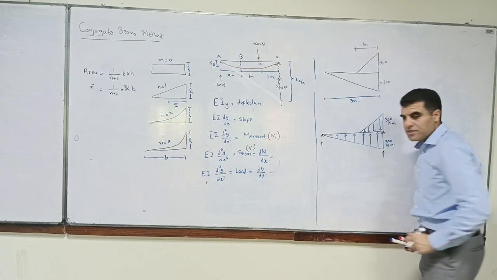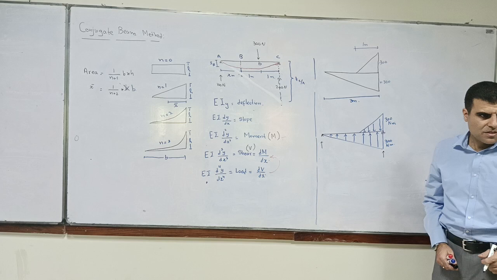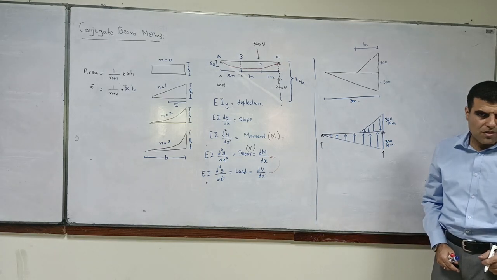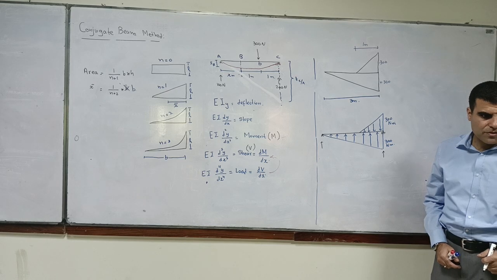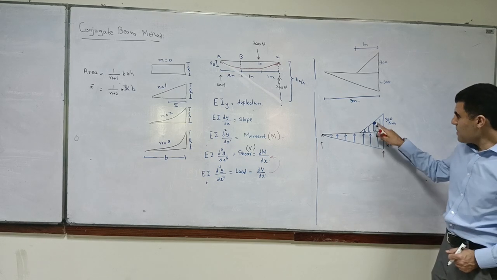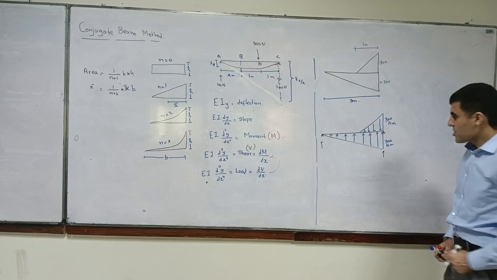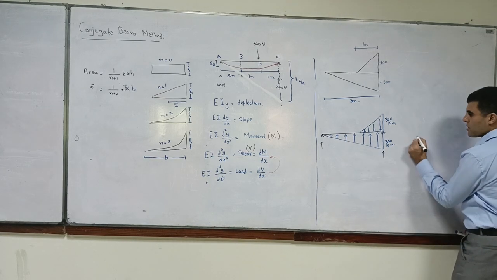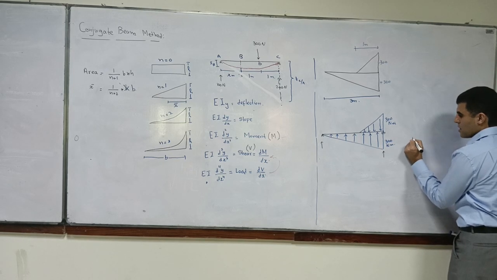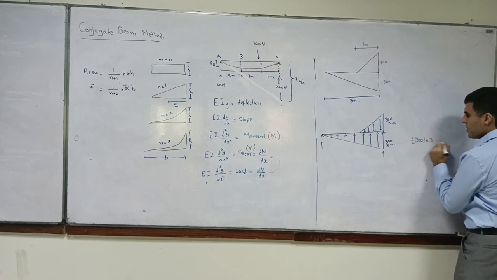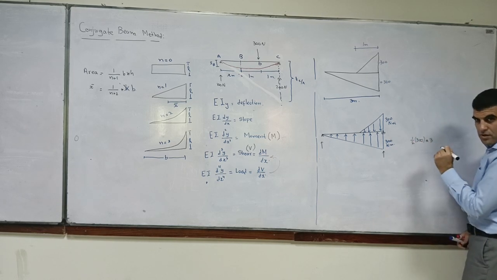What would be my reaction? I have a beam subject to these two triangular loads. So you find half 300 into 3.